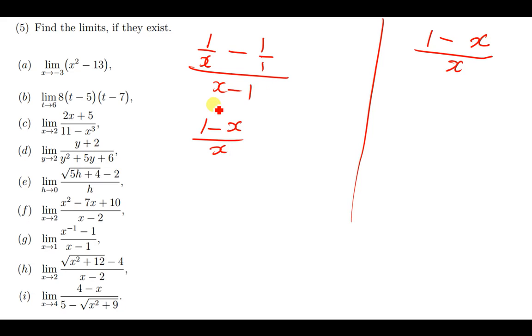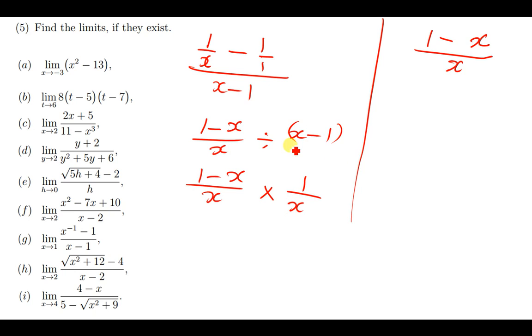Then I'm dividing everything by x minus 1. So this can also be written as this, then times 1 over x minus 1.